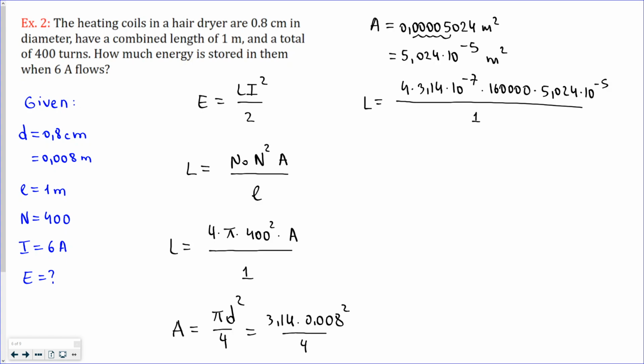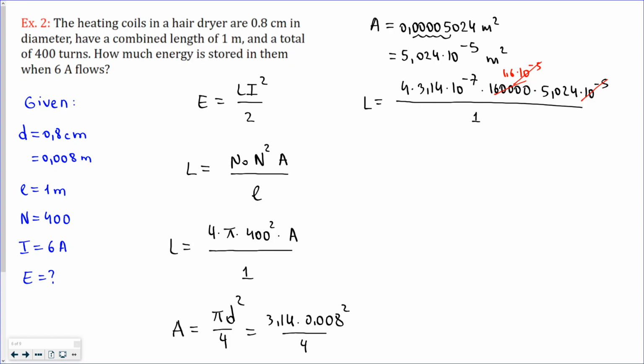And what do we have here? So this is actually 1.6 times 10 to the minus 5, and we see that we can cancel the minus 5.